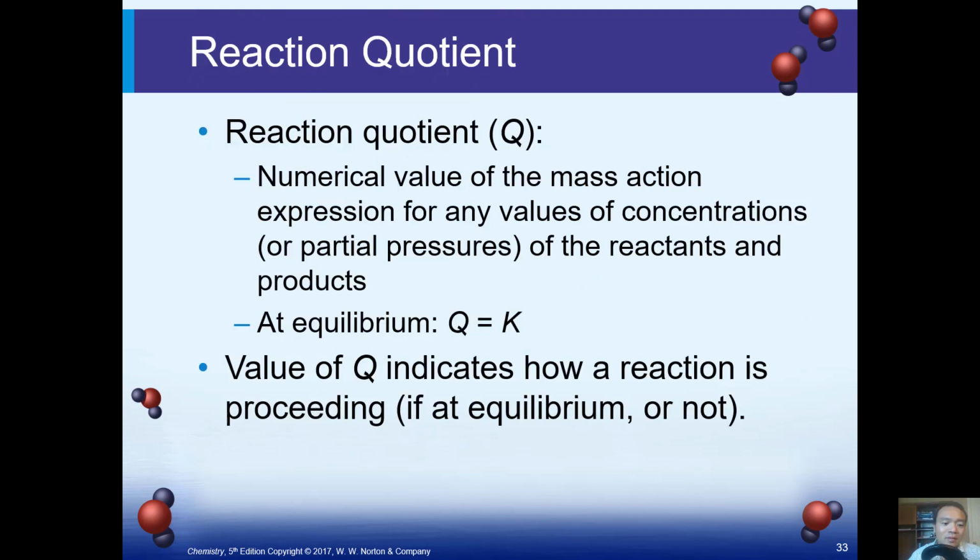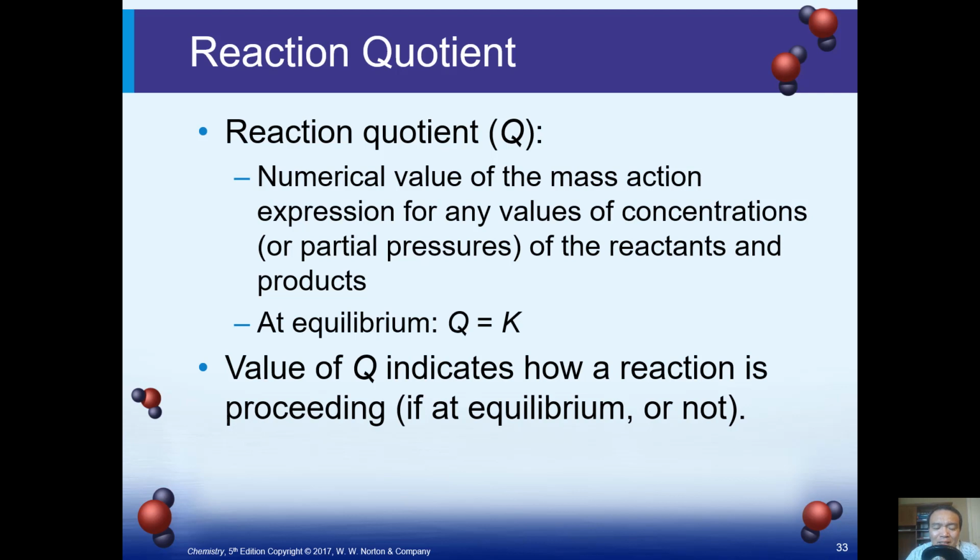So next we're going to talk about how to judge if one reaction is at equilibrium or not. If it's not at equilibrium, to which direction the reaction is shifting. All right, so it's two things. First, is the reaction at equilibrium or not? If it's not, to which direction will the reaction shift?